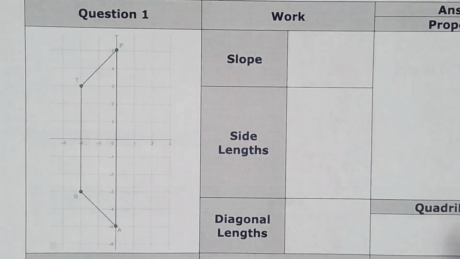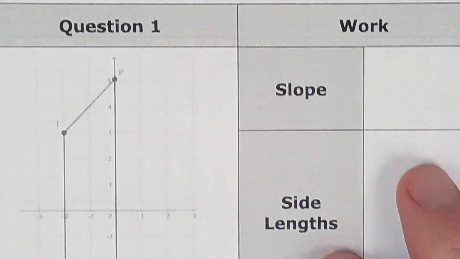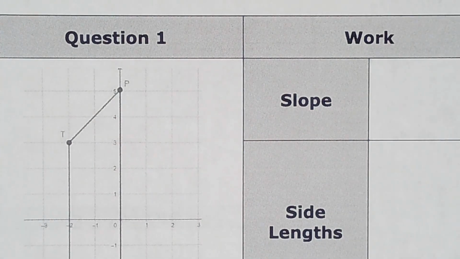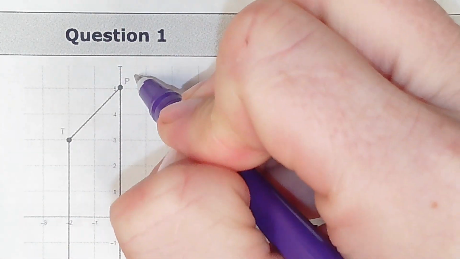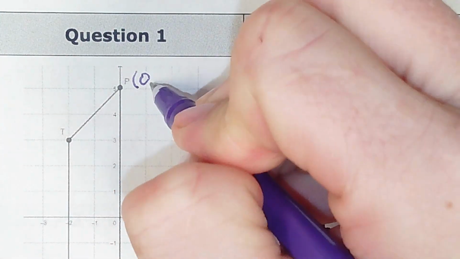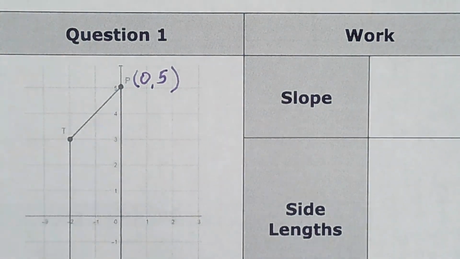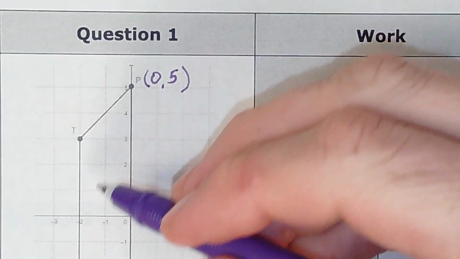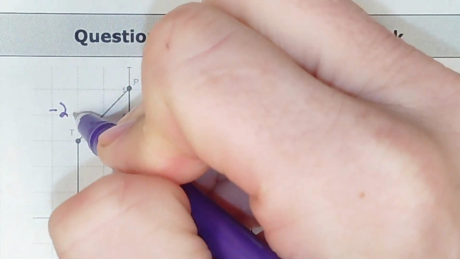All right, so here is some points. Let's zoom in so you can see it a little bit better. There's point P. First thing you do is you probably just want to go ahead and label the points. All right, this is obviously 0, 5. That is that point. Okay, point T is -2, 4.